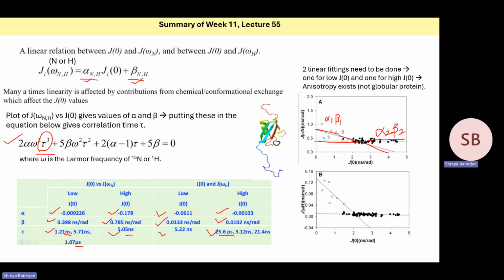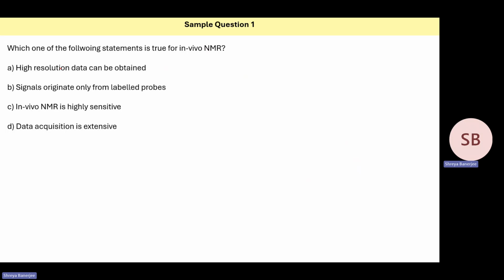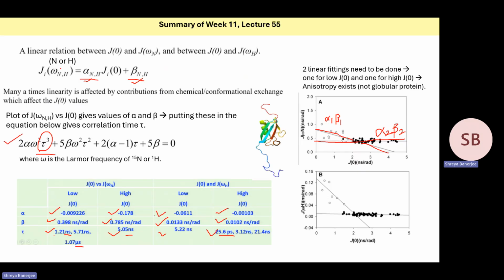So in all kinds of time scales there are different motions, and you are getting an idea about all these motions through these three experiments: the longitudinal relaxation rate R1, the transverse relaxation rate R2, and the heteronuclear NOE. I think that covers all the lectures of week 11.